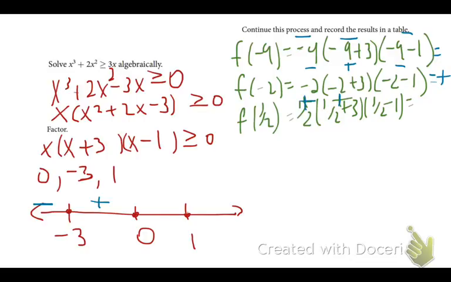The half plus 3 was positive. And then a half minus 1, what's a half minus 1? Positive or negative? Would that be a negative? So what's a positive times a positive times a negative? Negative. So put that between your 0 and 1. We got a negative, and we have one more.